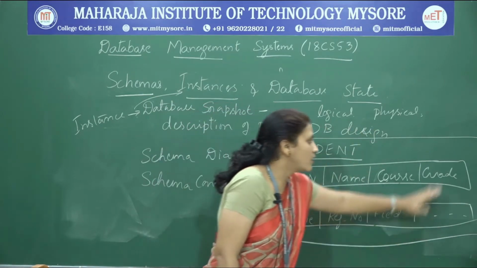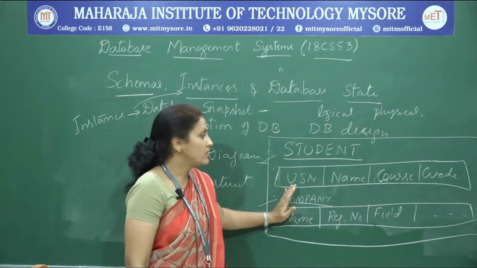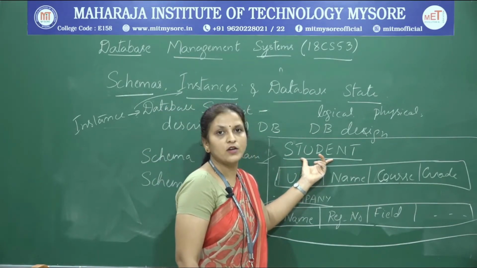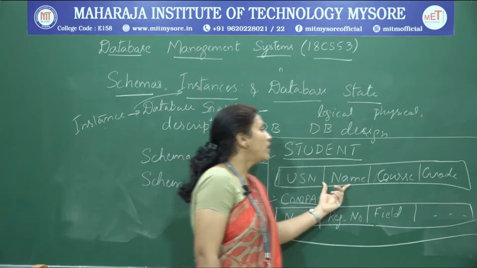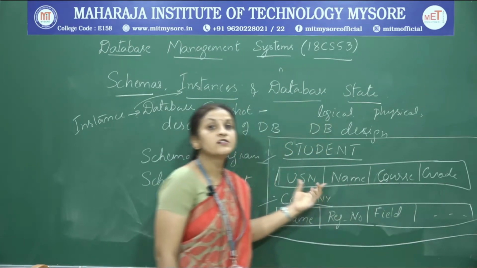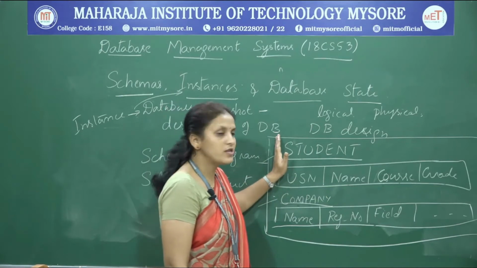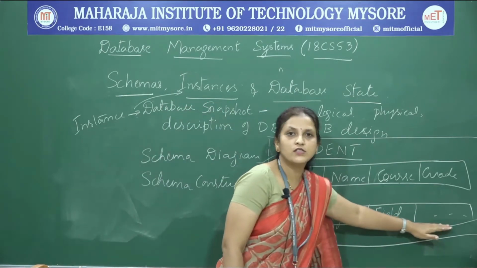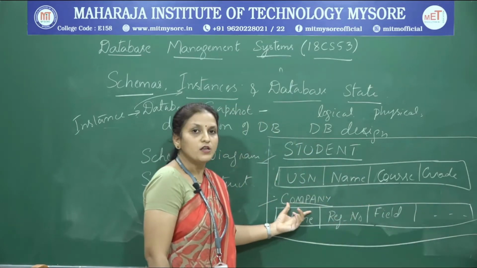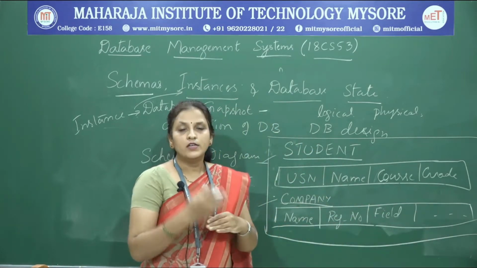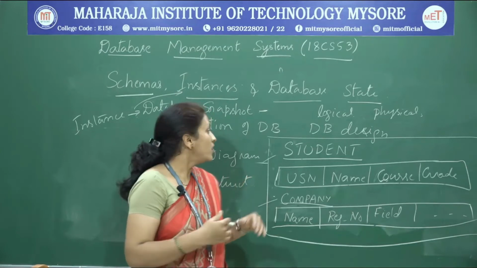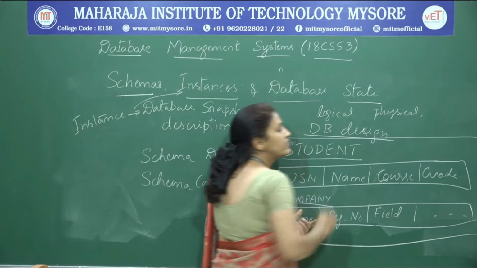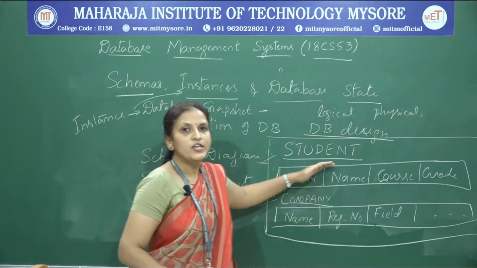This is the schema diagram which describes the database. It means if student is the object we are going to consider, then what are all the attributes or characteristics that we need to consider in order to explain a student. If company is an object, what are all the attributes that we need to consider in order to explain the company. Everything needs to be thought out and well documented during the phase of database design itself. It will not undergo many changes.